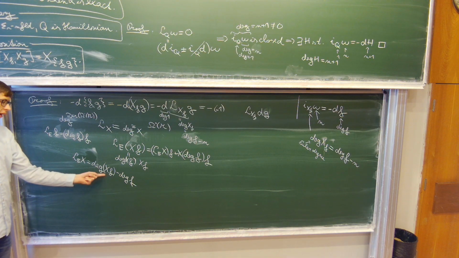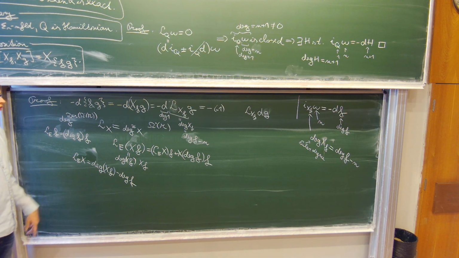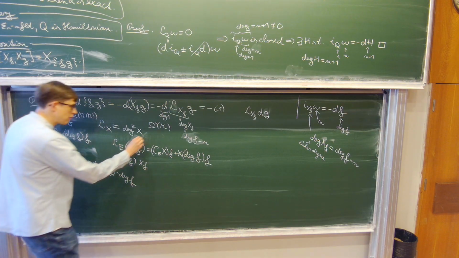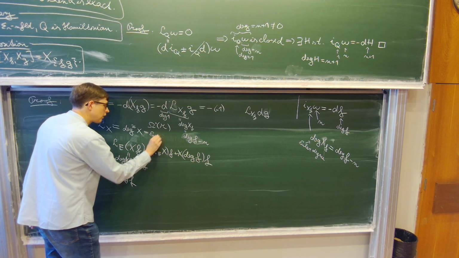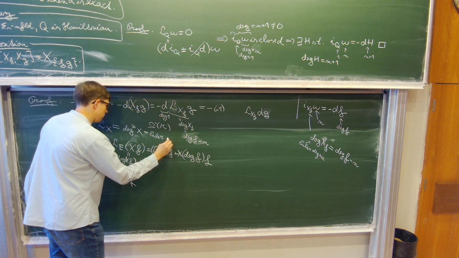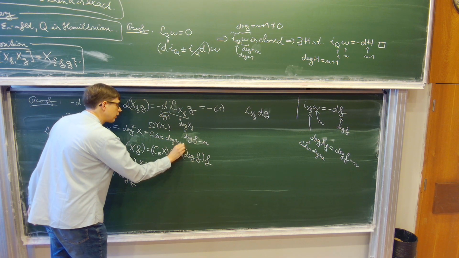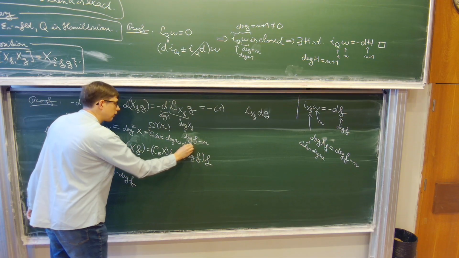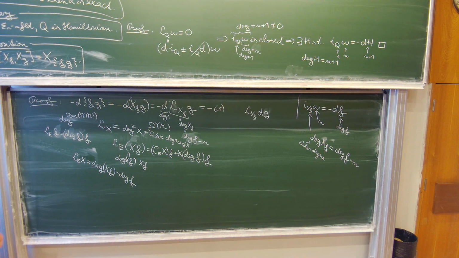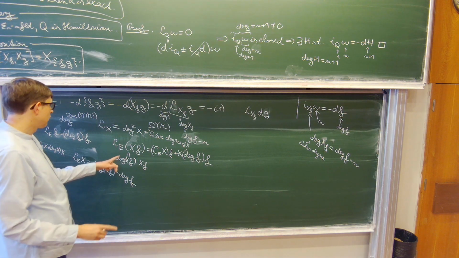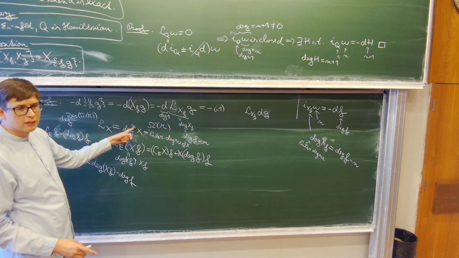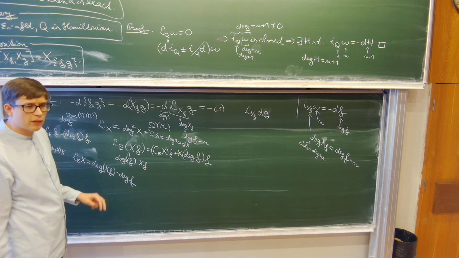It is how much the x increases the degree of a function. So that's why this thing is the same as the Euler degree of x, the degree in the sense of vector fields.